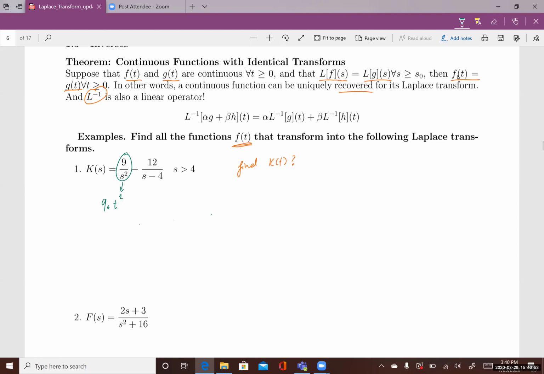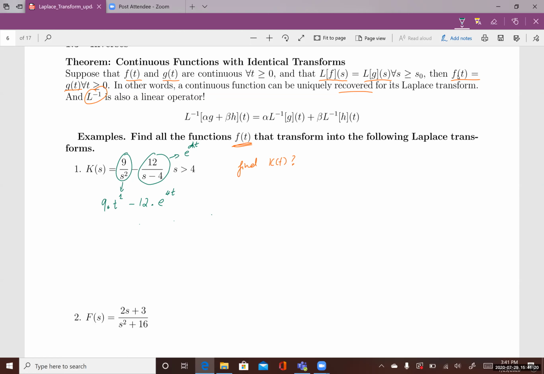How about these functions? 12 over s minus 4. So 12 is just a constant. I move it out. 1 over s minus 4 reminds me of the function e to the alpha t, where alpha equals 4, so my function is just going to be e to the 4t.